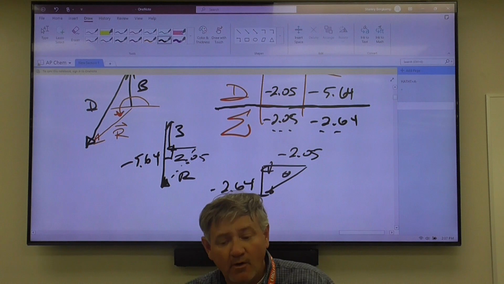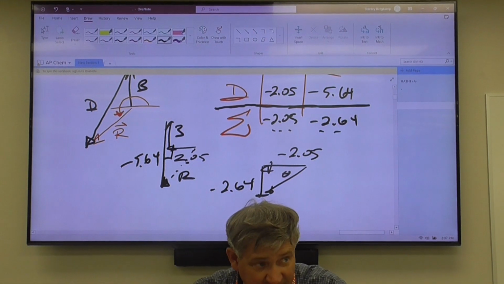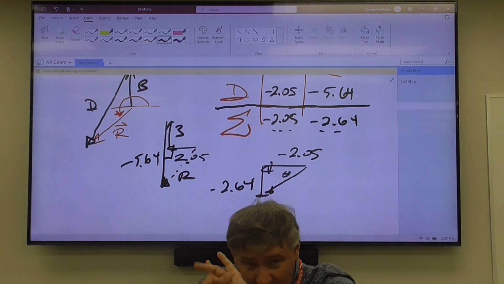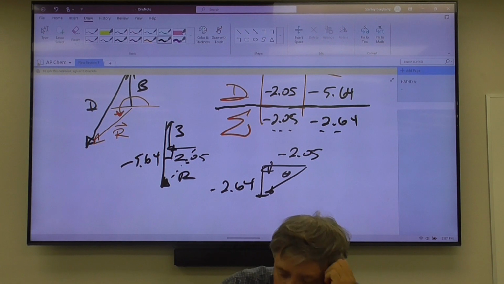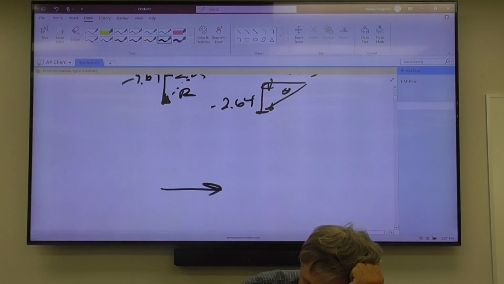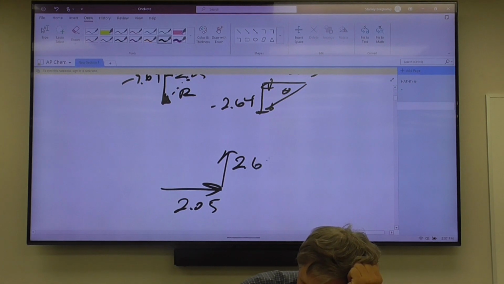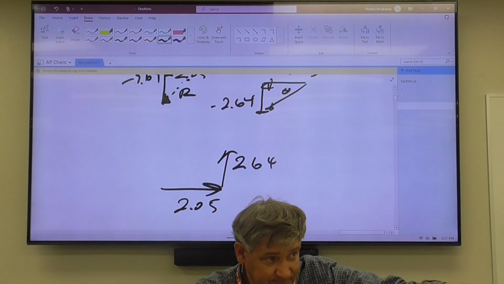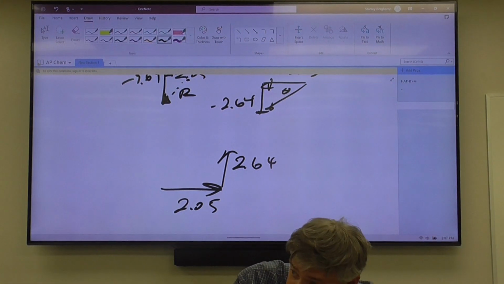For now, I want you to pretend that this isn't there. I'm going to get back to it. Imagine that you had 2.05 and 2.64. Let's say those numbers had been positive. Let's start with something simple.